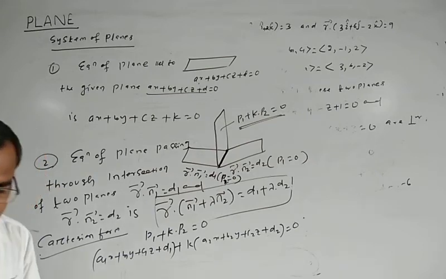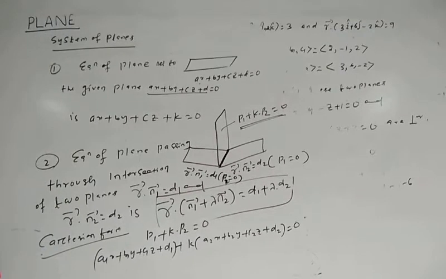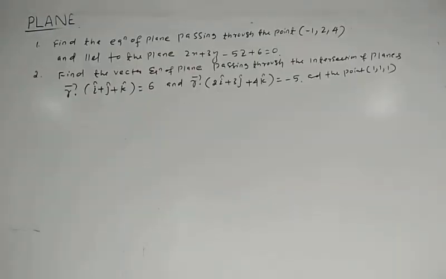Next, we do some problems using the system of planes. Number 1: find the equation of the plane passing through the point (-1, 2, 4) and parallel to the plane 2x plus 3y minus 5z plus 1 is equal to 0.